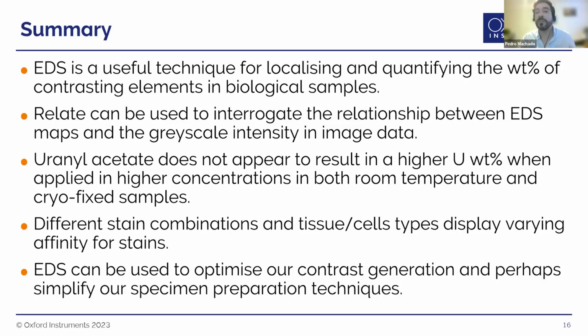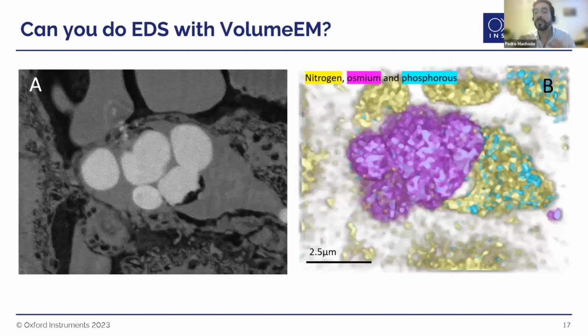I showed you everything in 2D so far because it's easier to analyze the contrast, but don't forget that you can still use EDS in your volume EM workflows. This might also give you very interesting 3D segmentation of your elements, which can help with segmentation of your features in EM, and might even give you access to things you cannot easily see just by the EM contrast.